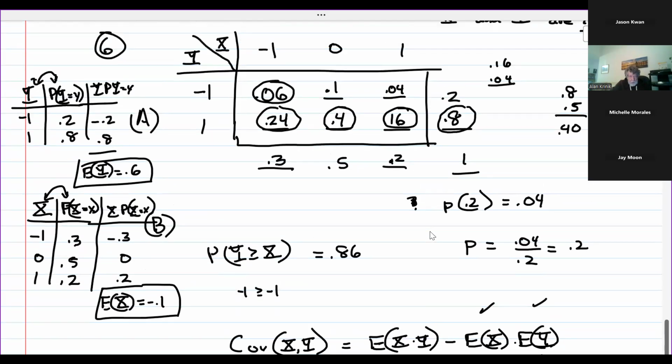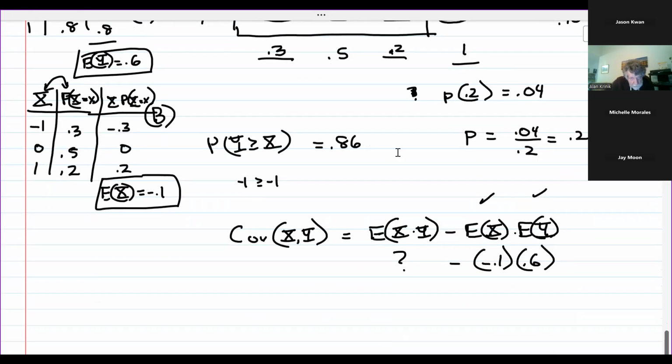But we've already talked about how to do that. What you can do is go through this whole table, multiplying, for example, -1 times -1 times that entry, plus -1 times 0 times this entry, plus -1 times this entry. Keep doing that for all the 6 entries in the table. Sum them up, and that'll give you the expected value. So let's do it.